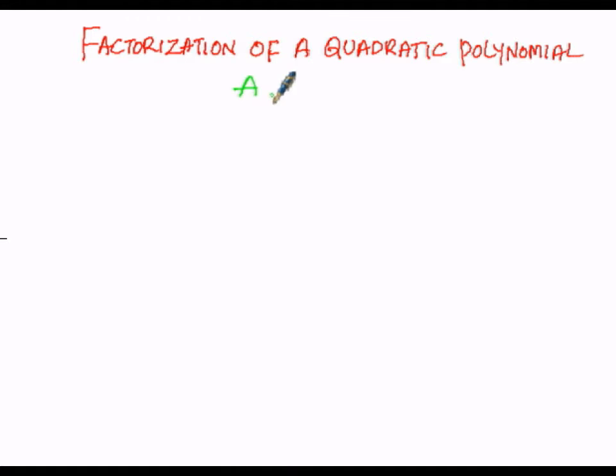which quadratic polynomial is, in other words, called the quadratic expression. So here a quadratic expression is nothing but a second degree expression of a single variable, that is ax square plus bx plus c is the general form of the quadratic expression or a quadratic polynomial.